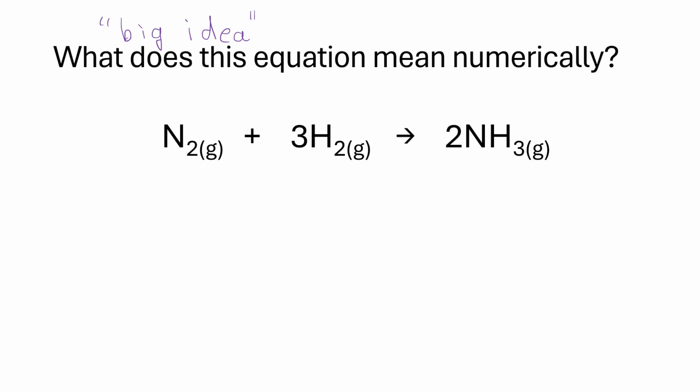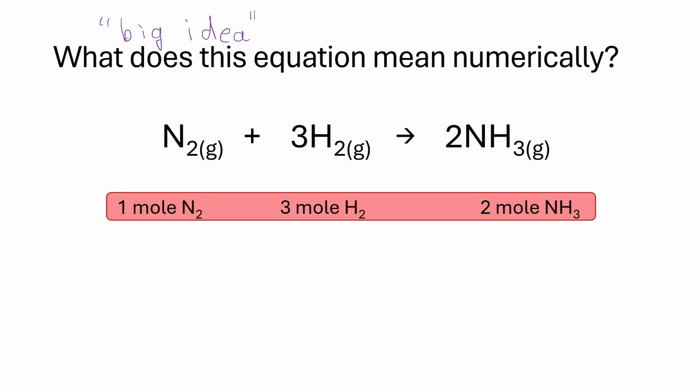So if we have a balanced chemical equation, nitrogen plus 3 hydrogens give us 2 ammonias. The traditional American way of working these problems is to interpret those coefficients as moles. This equation is telling us 1 mole of nitrogen reacts with 3 moles of hydrogen to give us 2 moles of ammonia.